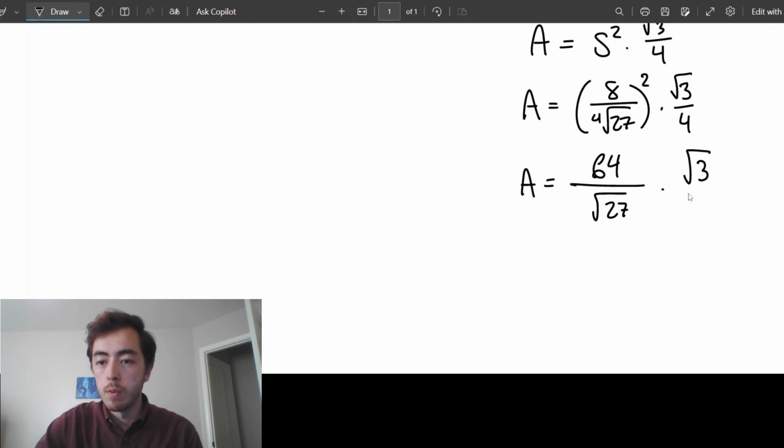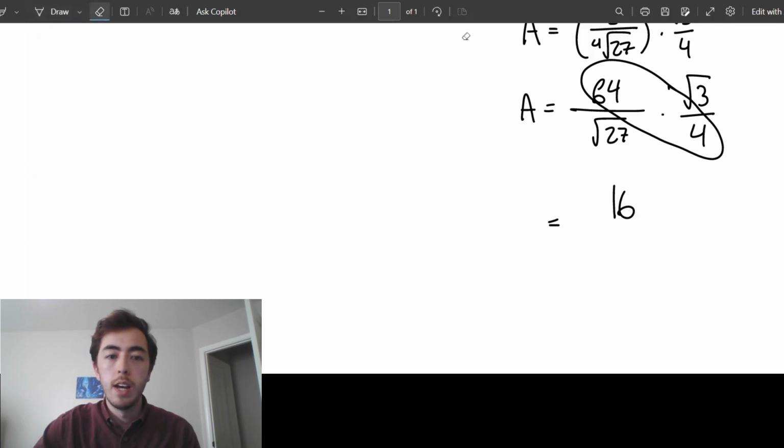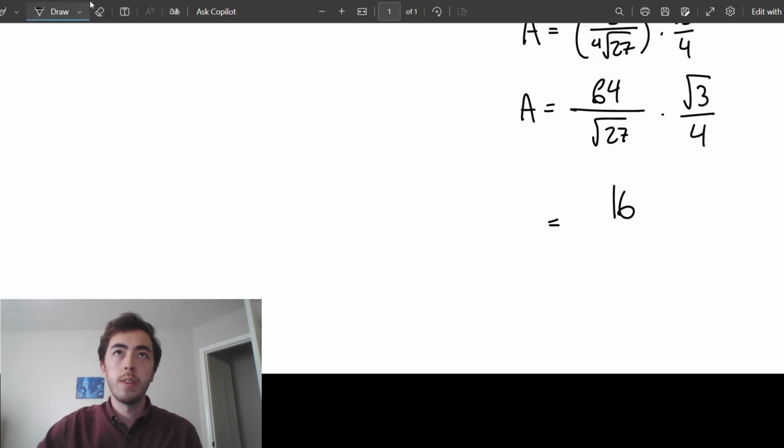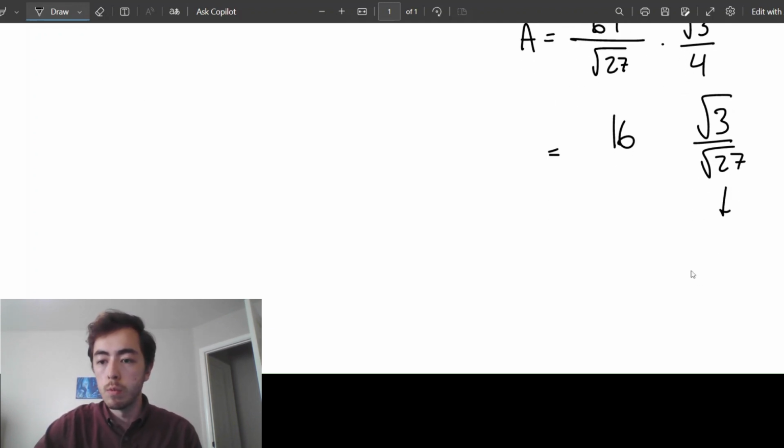All right, and I'll keep that root 3 over 4 the same for now. I want to get these talking to each other. That's not that hard. 64 divided by 4 is going to be 16. And then I want these two talking to each other, and that'll be a little bit harder. Although I know with positive numbers, root 3 over root 27, I could actually simplify to the root of 3 over 27.